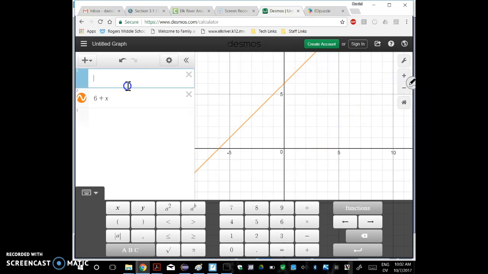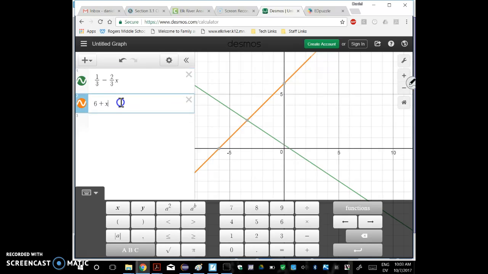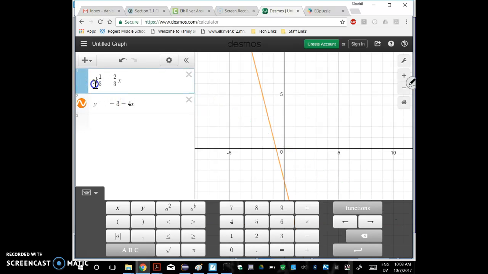So hopefully you did this on your own. You can check your answer with mine. I'm going to do 1 divided by 3 minus 2/3 x. That was our first equation, solved for y. And then the second one, y equals negative 3 minus 4x. Should put the y equals up here for this one.